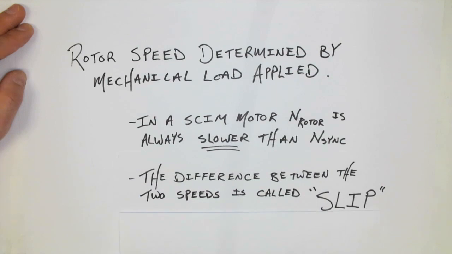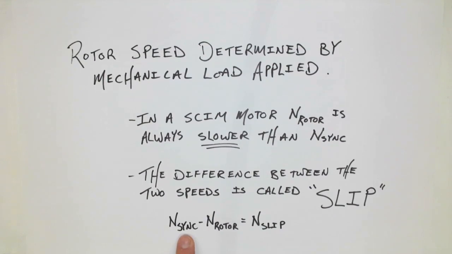And the difference between the two speeds is called the slip. So remember, the rotor will not turn at the same speed as the stator, and since they are operating at different speeds, there must be a difference between the two. So one's operating at 1800, one's operating at 1700, subtract the two, you'd end up with 100 RPM. That would be the slip.